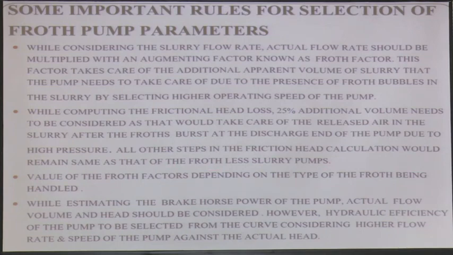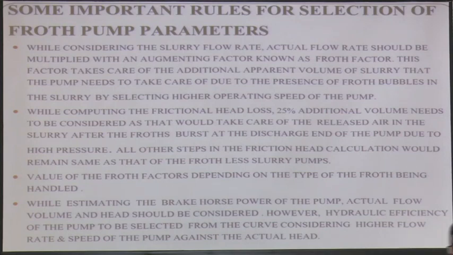That means Q has to be Q into froth factor, and the volume that we will be considering while selecting the pipe and the frictional head loss would be 1.25 Q. Why 1.25 Q? Because when the froths burst, it releases air. So the pipe has to have some space for holding the air.